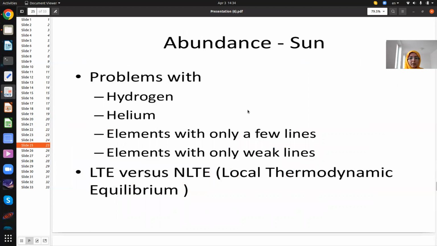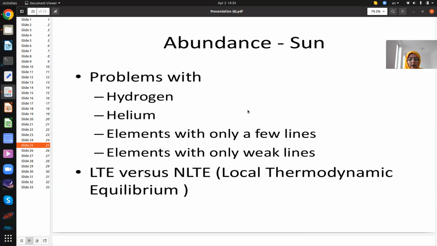We have some problems with abundance in the sun. For example, for hydrogen, helium, elements with only a few lines, elements with only weak lines, and LTE versus non-LTE. LTE means local thermodynamic equilibrium, and NLTE means non-local thermodynamic equilibrium. The problem with the abundance of hydrogen in the sun is that the shape and depth of the Balmer line does not depend on how much hydrogen is in the sun.